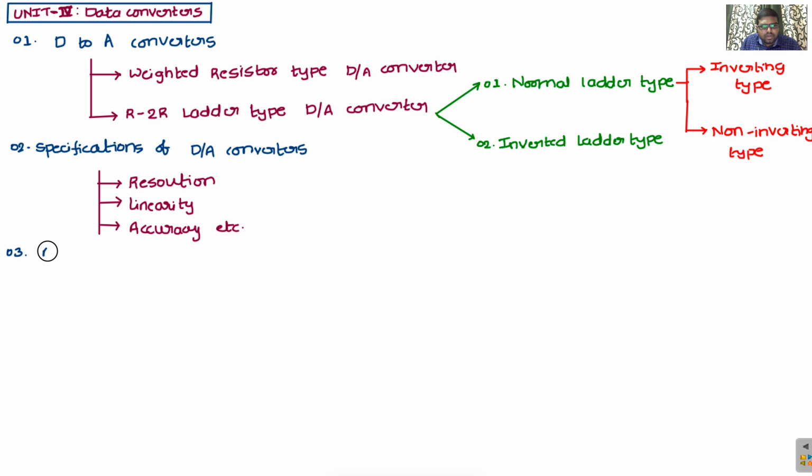And next, third one, A to D converters, analog to digital data converters. Again, these are classified into four types.